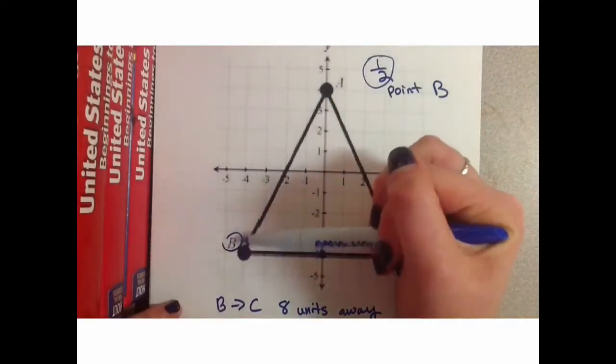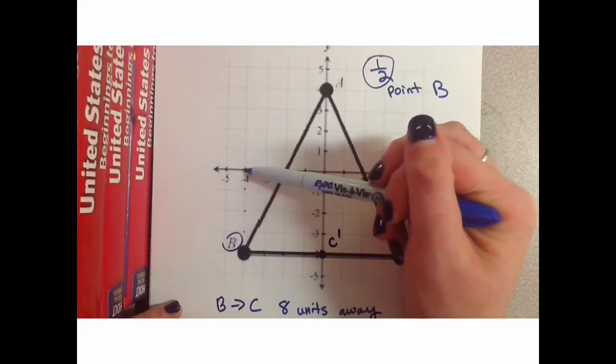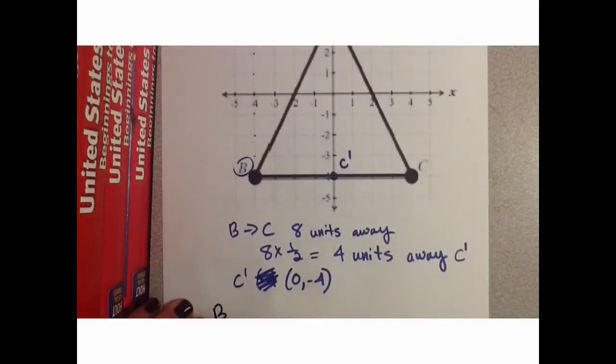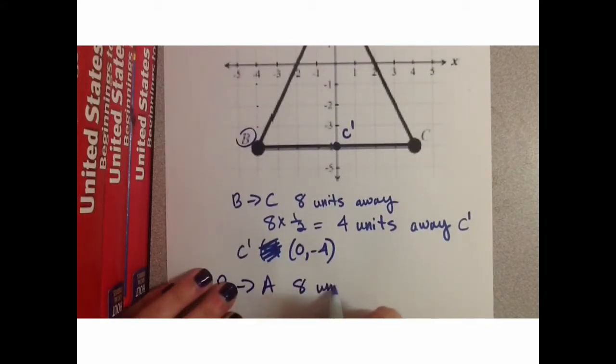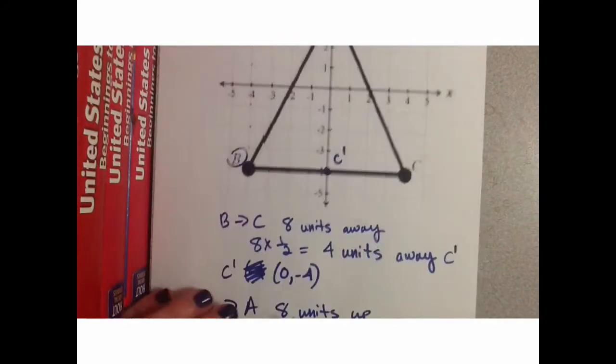Let's do A. To get to A, I'm going to go up and then to the right. So I'm going to count 1, 2, 3, 4, 5, 6, 7, 8 units up from B to A. And then let's go back to our point, and then 1, 2, 3, 4 units to the right.